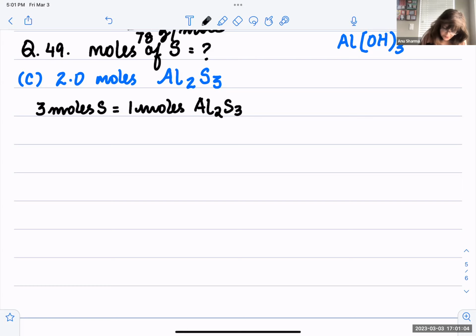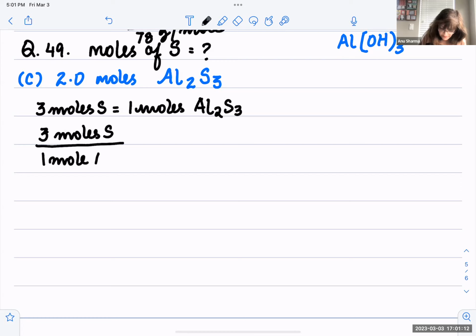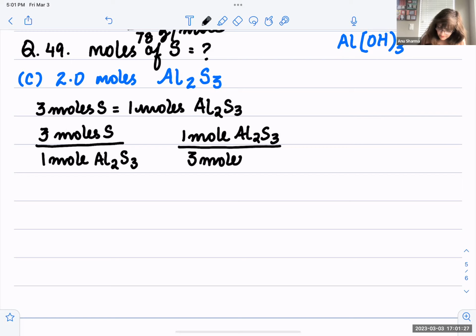Okay, so the conversion factors are 3 moles of sulfur over 1 mole of Al2S3, or 1 mole of Al2S3 over 3 moles of sulfur.